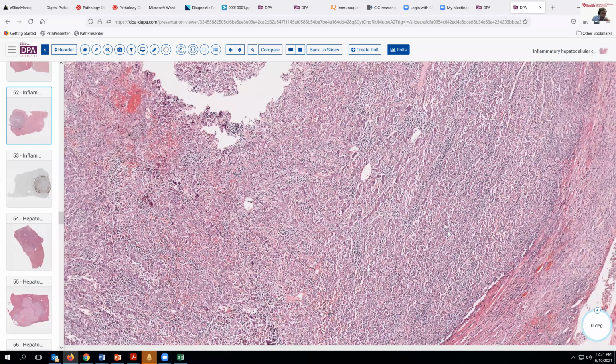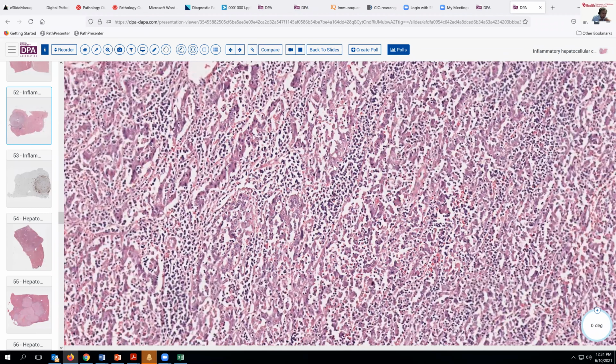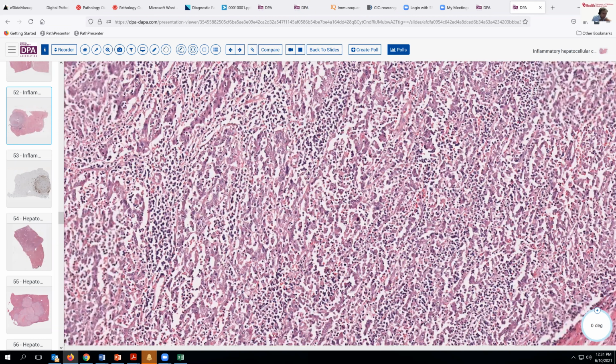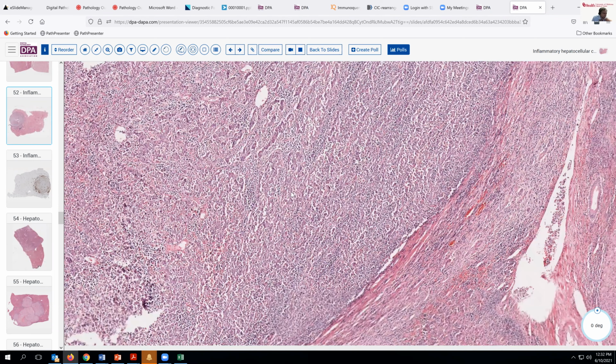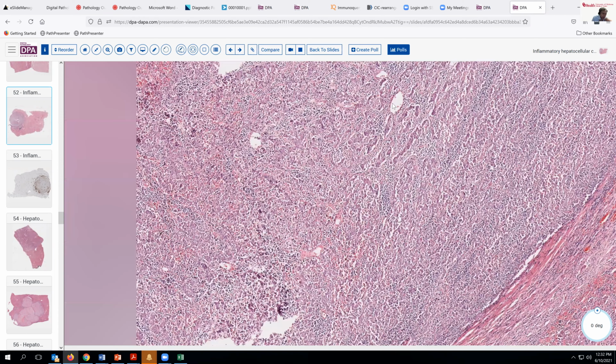But just looking at this, you go, wow, this is not the usual hepatocellular carcinoma because we've got all of these lymphocytes here. Am I dealing with a germ cell tumor, or am I dealing with a lymphoepithelial carcinoma from some metastatic site or something like that? But actually recognizing that this variant exists, I think, can help you to include hepatocellular carcinoma in your differential diagnosis.